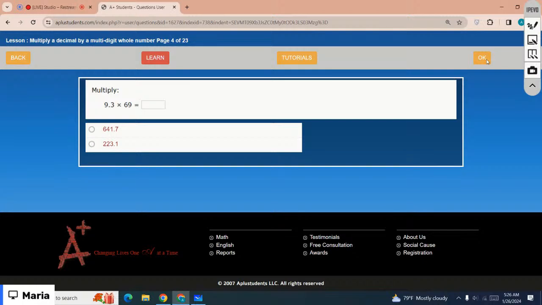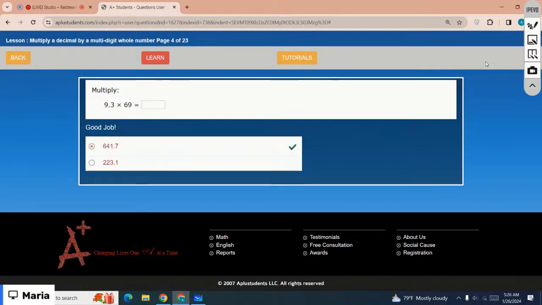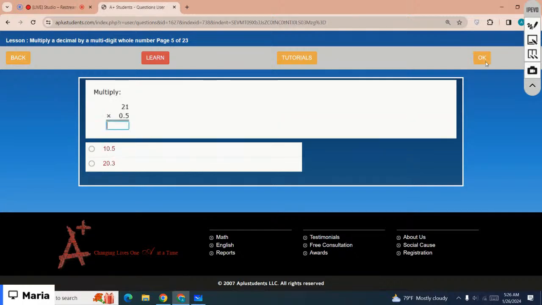That is 641.7. Option number 1 is the correct option. Very good. Okay, the next one is 21 times 0.5.